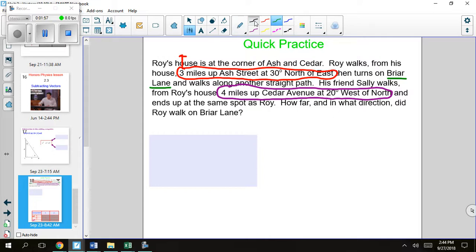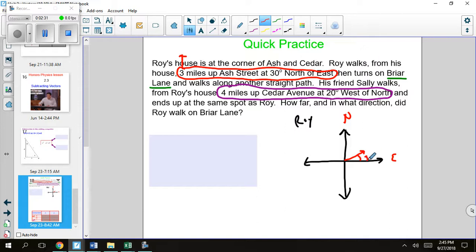So let's set up our coordinates here, and let's just focus on one at a time. So this will be Roy. Roy on his initial trip walks 3 miles at 30 degrees north of east. So here's east over here, here's north, we're at right around here.